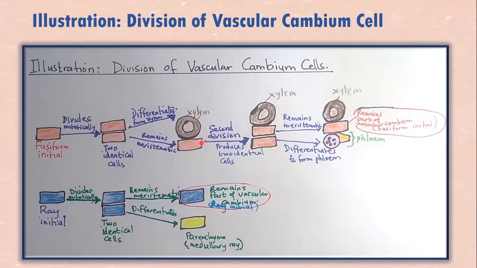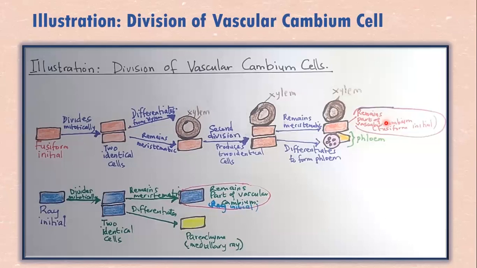This cell that remains meristematic divides again to produce two identical cells. One remains meristematic and the other one differentiates to form the phloem, sieve tube, and companion cells. The one that remains meristematic will be in the vascular cambium to continue producing cells to continue the growth of the plant.